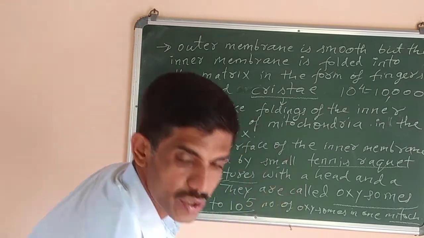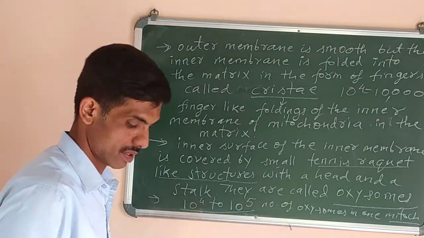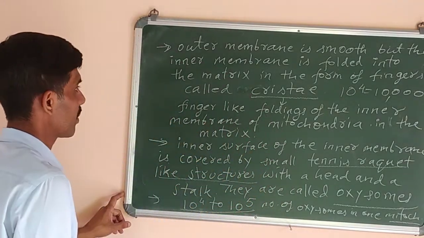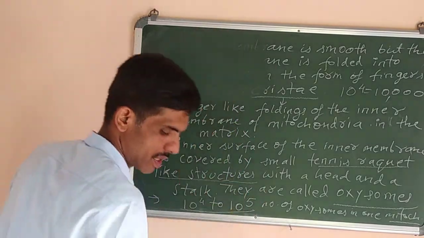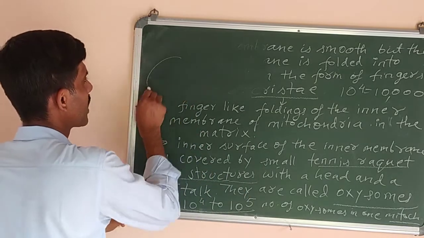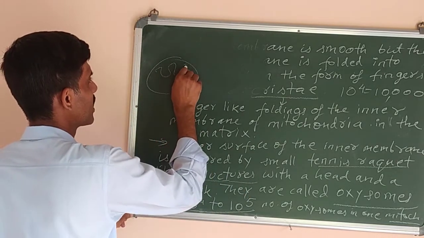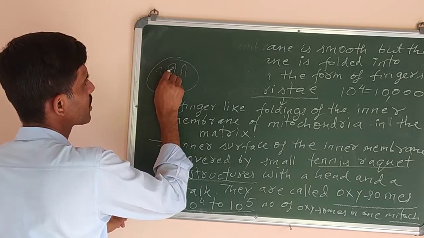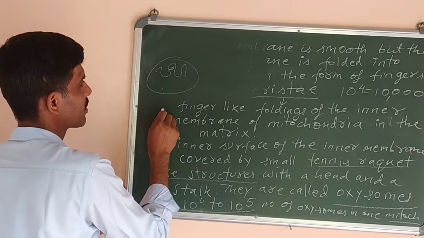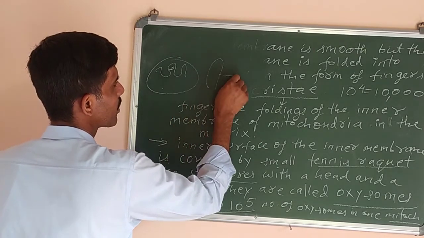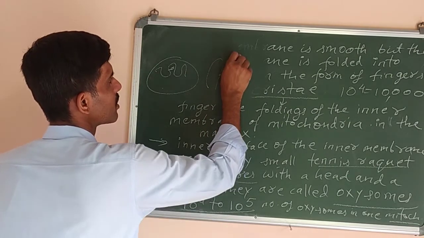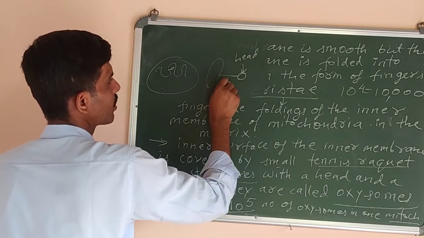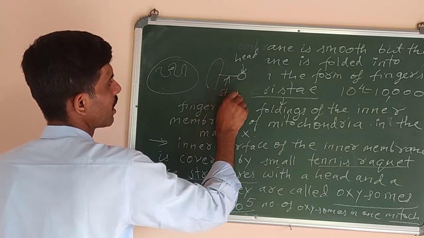Where is that structure? I will draw it and show you where the oxysomes are present. Just now I drew the diagram of the mitochondria with the finger-like invaginations. Here only, on the cristae, the oxysomes are present. This part is called the stalk, S-T-A-L-K, and this is the head.